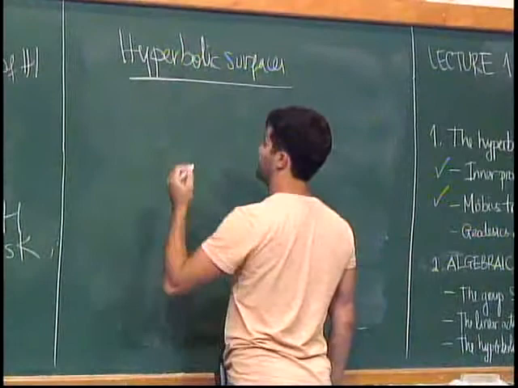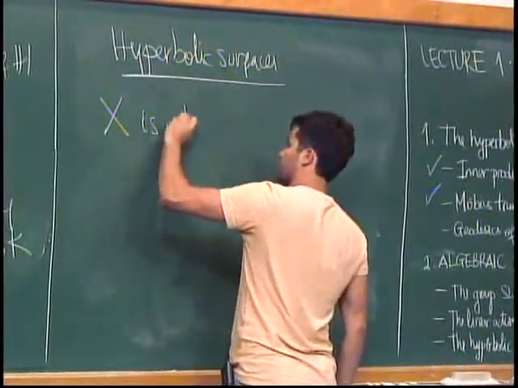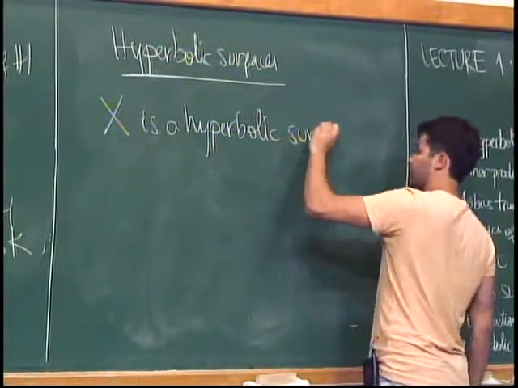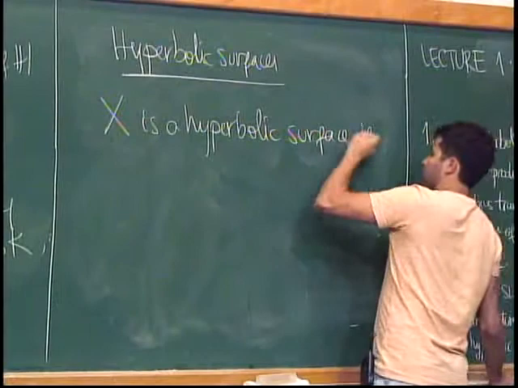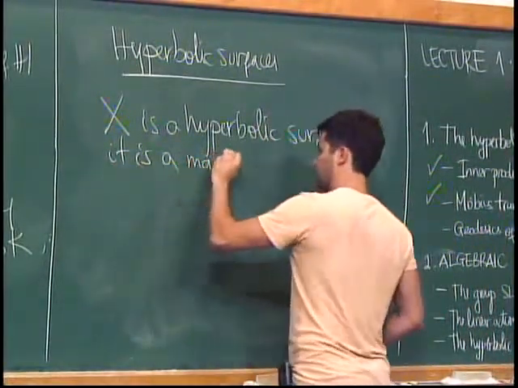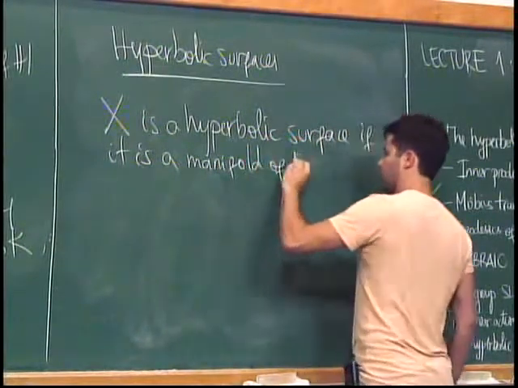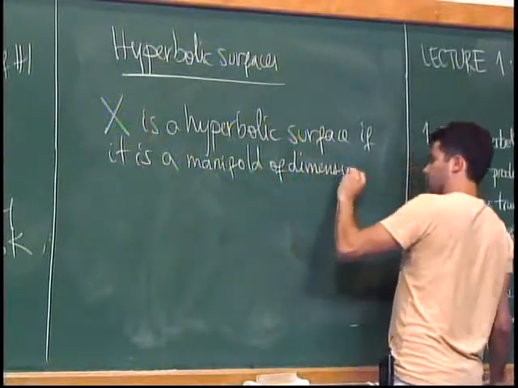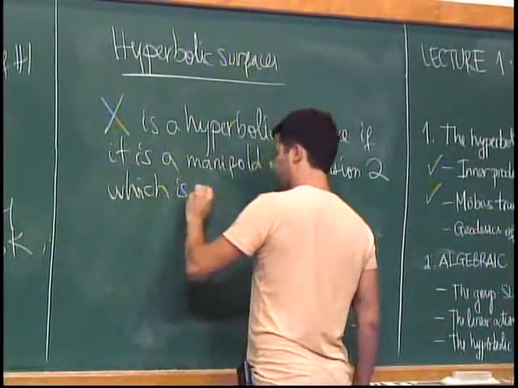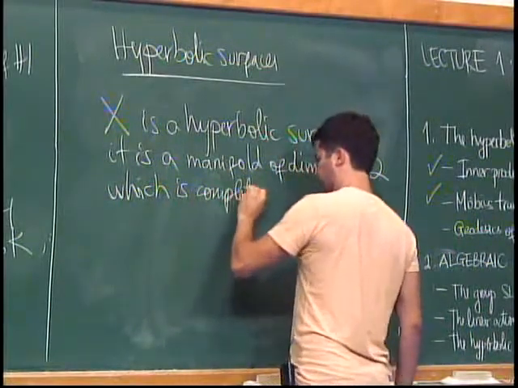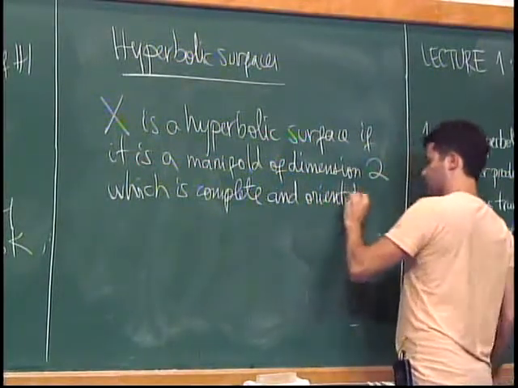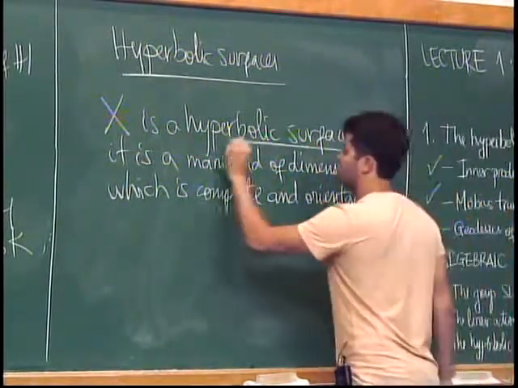And what is a hyperbolic surface? It is a manifold of dimension 2, which is complete and orientable, and of curvature equal to -1. This is what we call a hyperbolic surface.